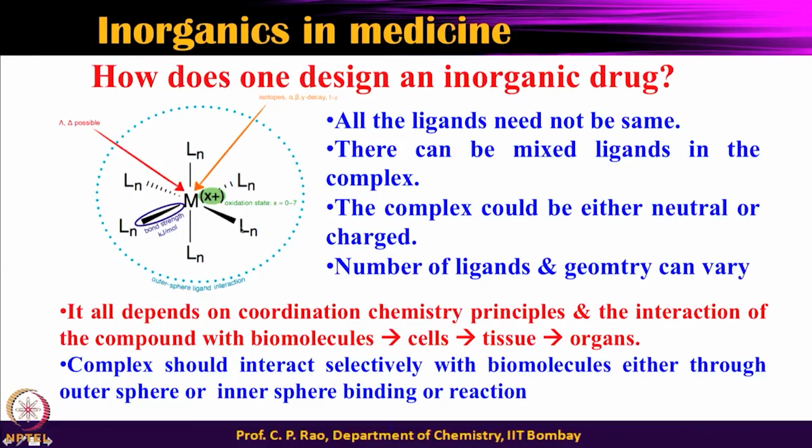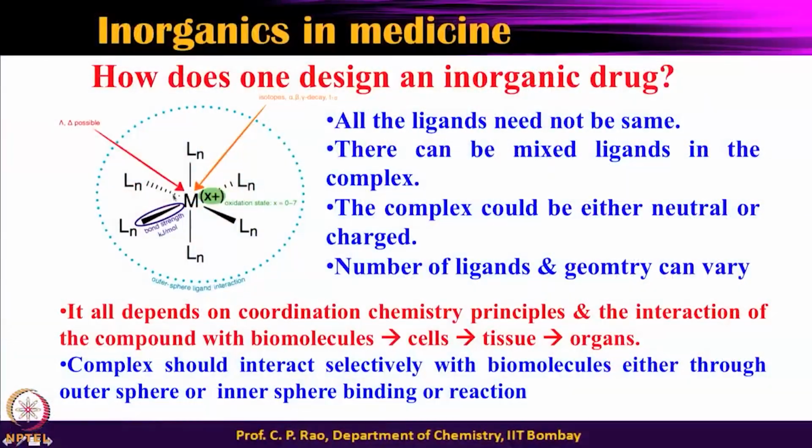So it is as wide as the organic drugs, where people do derivatization on the aromatic rings, derivatization using nitrogen ligands, phosphorus ligands, sulfur ligands, oxygen ligands, etc. Similarly, you can complex with various kinds of ligands. Ligands can also be active; you can use non-active ligands or active ligands, all of this is possible.